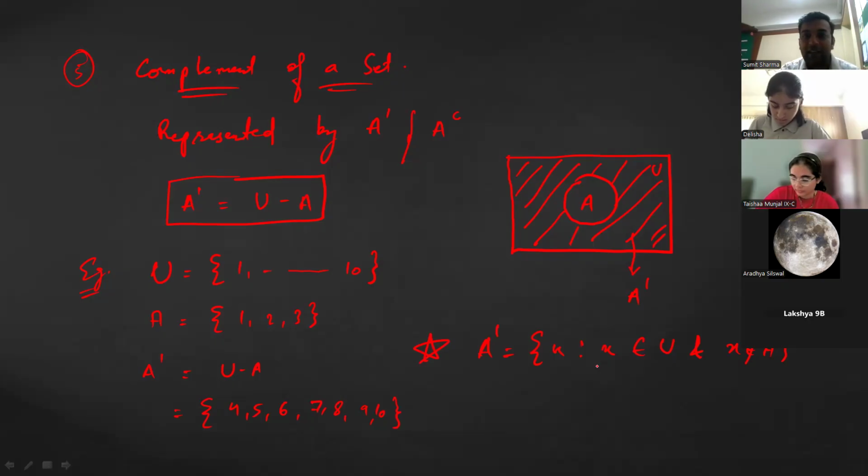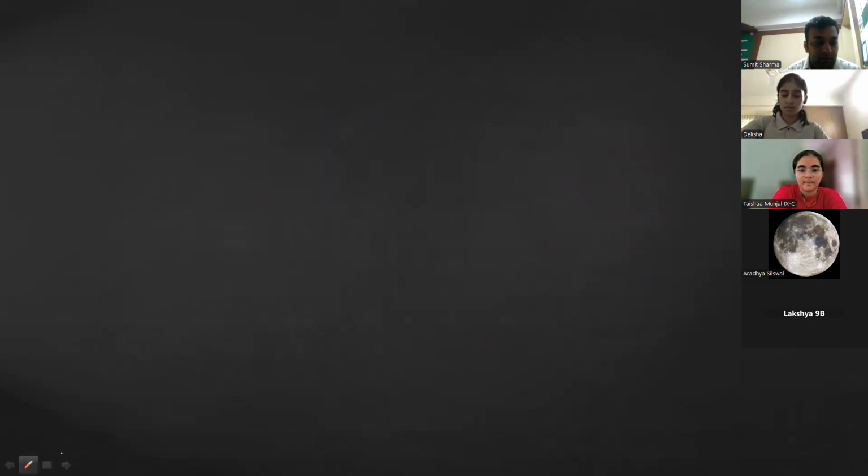So let us take one example and let us understand all these by using that example. So the question is, you have a universal set which is A, B, C, D, E, F, G, H, I, J, K, L, M, N, O, P, means the whole set of English alphabets.